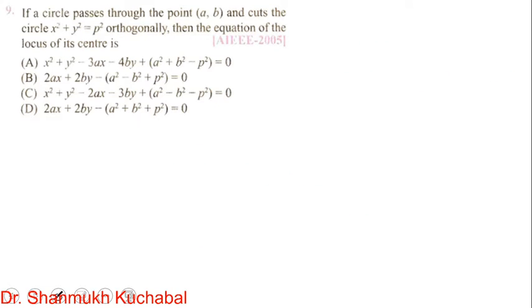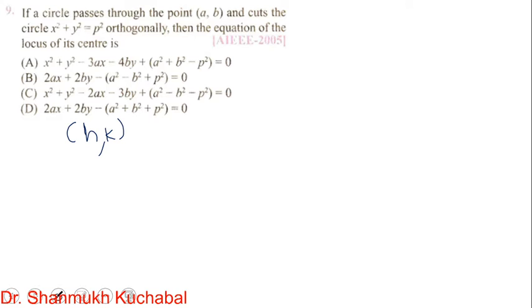If a circle passes through the point (a, b) and cuts the circle x square plus y square equal to p square orthogonally, then the equation of the locus of its center is. So here the center we take as (h, k).